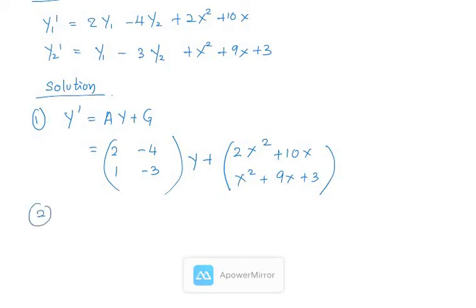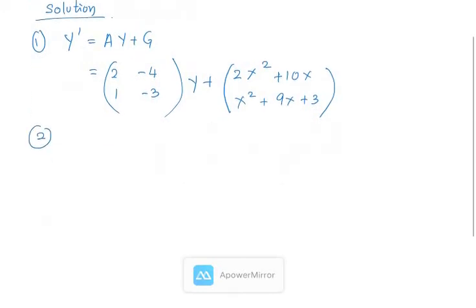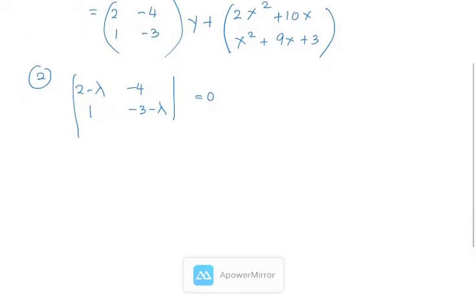And then the second step is to find the eigenvalue and the eigenvector. Okay, so from the matrix, you get 2 minus lambda, negative 4, 1, negative 3 minus lambda equal to 0. So 2 minus lambda times negative 3 minus lambda, minus 4 multiplied with 1 equal to 0.